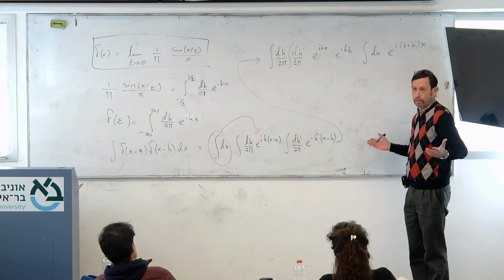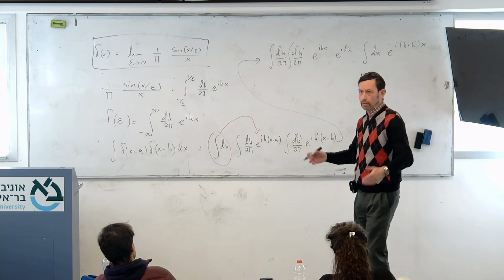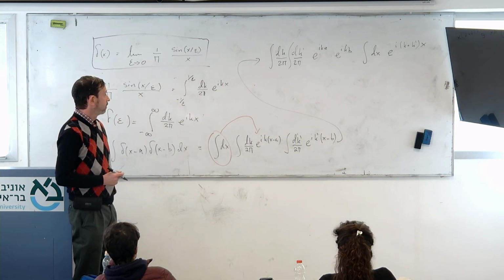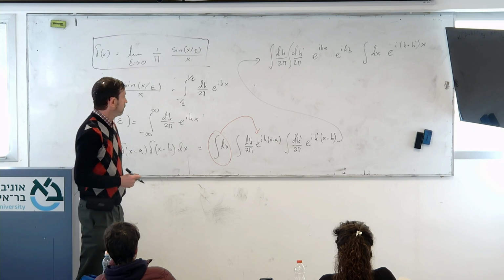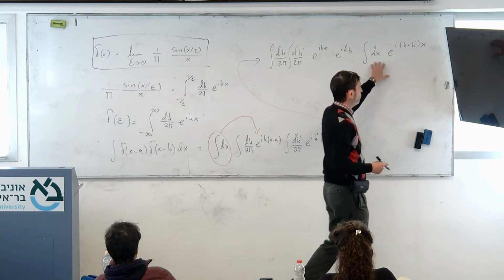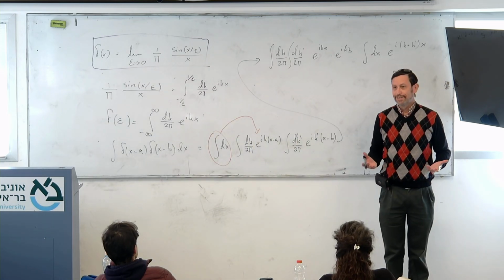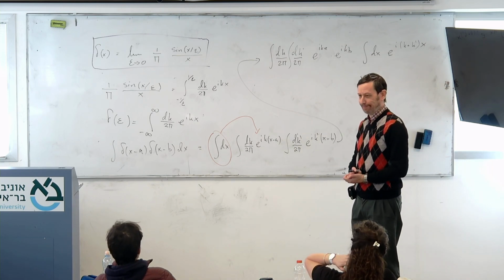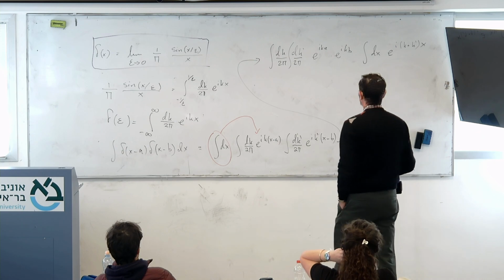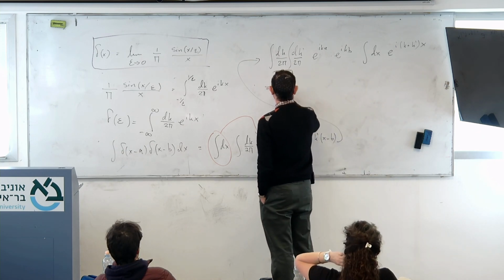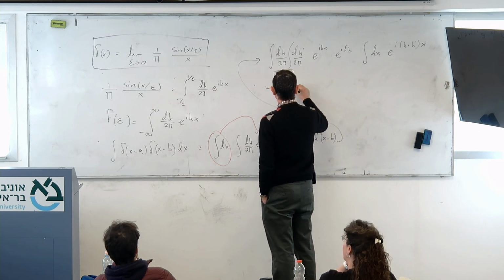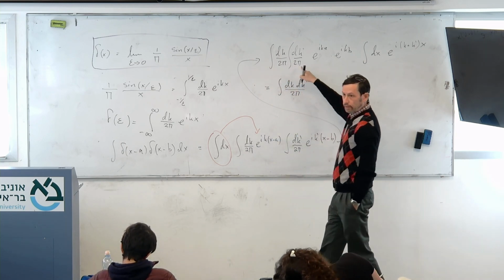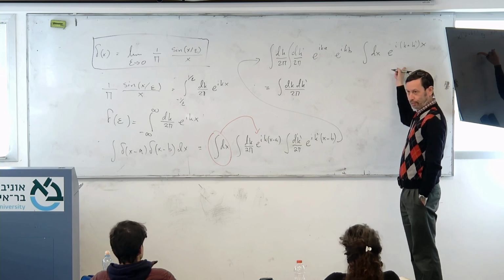I rearranged the multiplication of e to the power i, whatever appeared inside. But this, up to 2 pi, is a delta function by definition. I borrow one of the 2 pi's for the definition of the delta function.